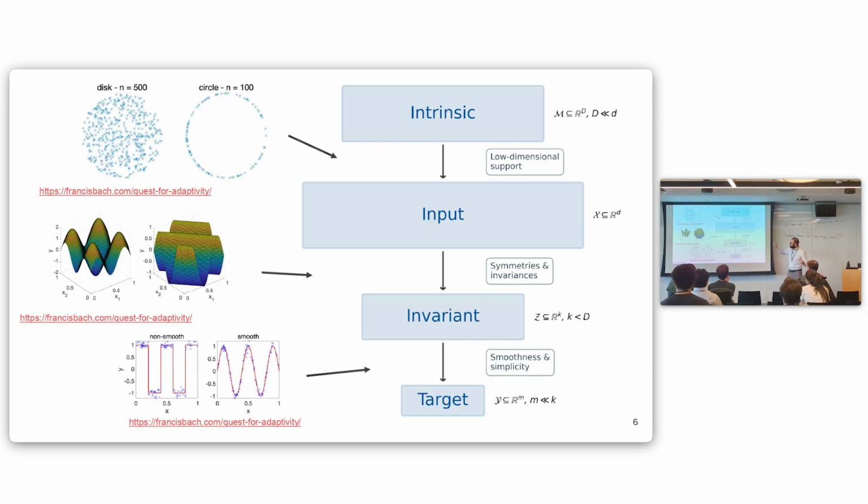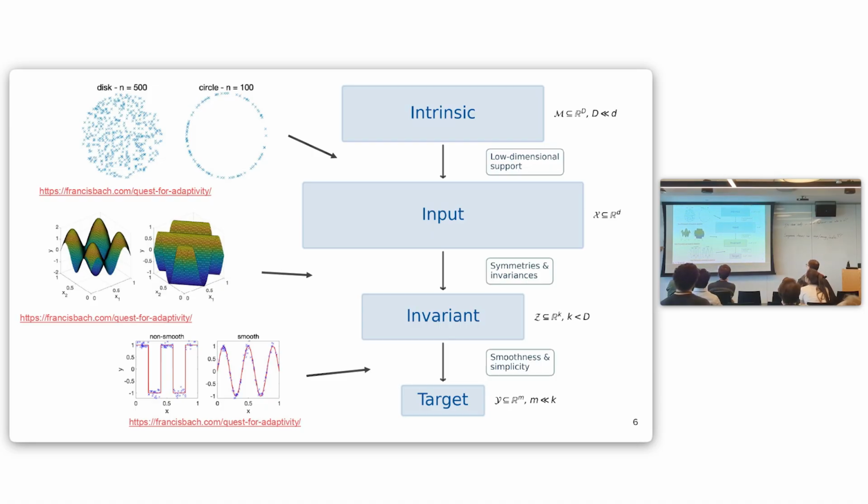A classic example here is on the upper left, where the data on the left are on a 2D disk, uniformly distributed. On the right, it's naively two-dimensional still, but actually the data are all embedded on a 1D manifold, a circle. So this is an intrinsically one-dimensional problem.